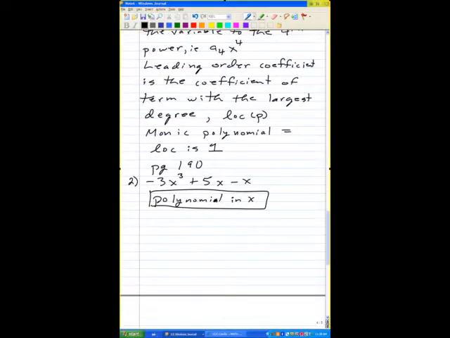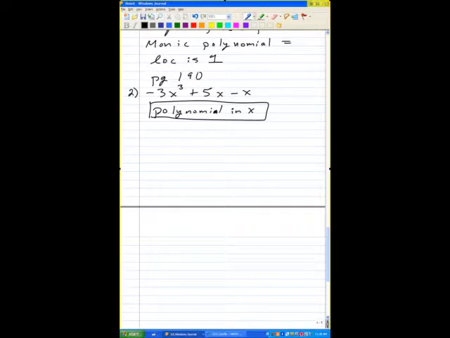Let's do problem number 6. 3y squared minus 1 over y plus 2y plus 6. Okay, so let's see if this is a polynomial. Well, I have here 3y squared, so that's a fine term. But then I have minus 1 over y. So, no. The 1 over y makes it not a polynomial.